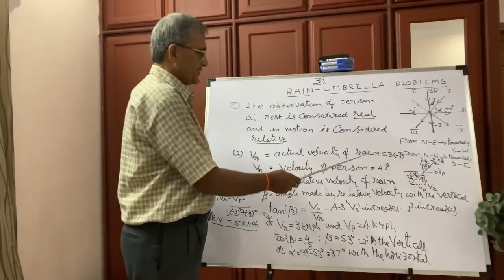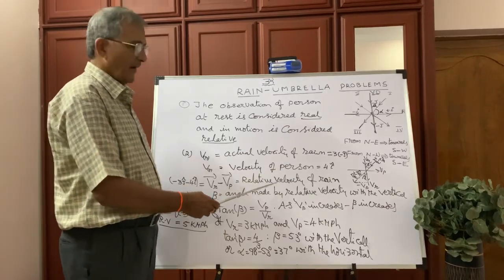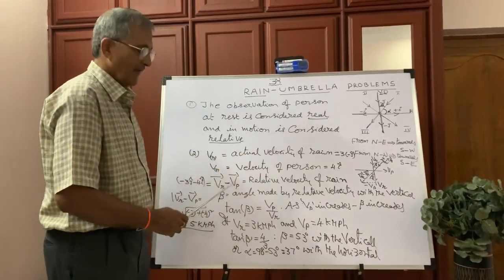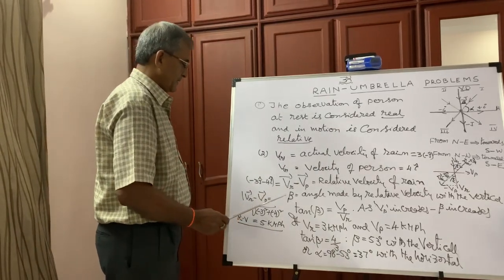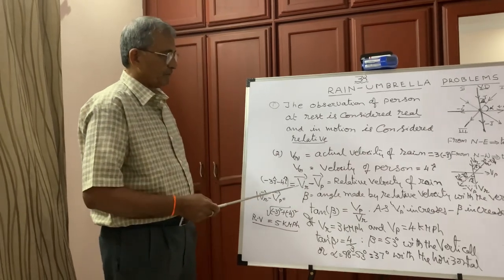So the actual velocity of rain is minus 3 j cap, and the actual velocity of the person is 4 i cap. Hence, the relative velocity VR bar minus VP bar is minus 3j minus 4i.